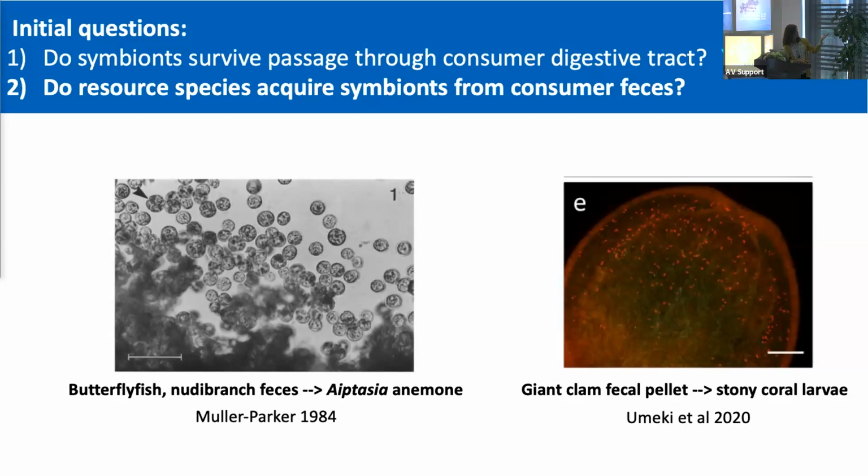But there are a couple of examples in the literature where an anemone has established Symbiodiniaceae from nudibranch feces or something similar, or stony coral larvae have been able to establish Symbiodiniaceae from giant clam fecal pellets. So giant clams also harbor Symbiodiniaceae, and they release Symbiodiniaceae in these fecal pellets. So I think these are very similar analogs that suggest that stony corals ought to be able to do this from coral eating fish feces as well.